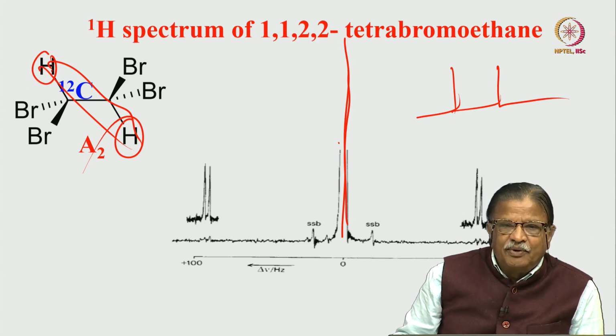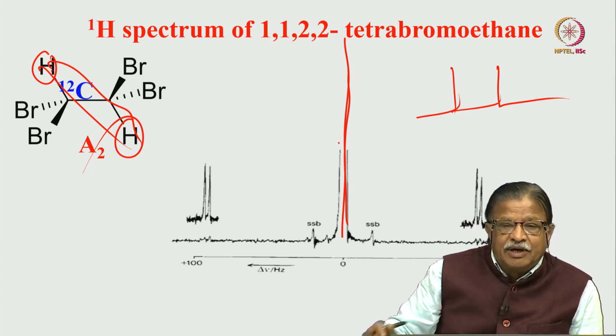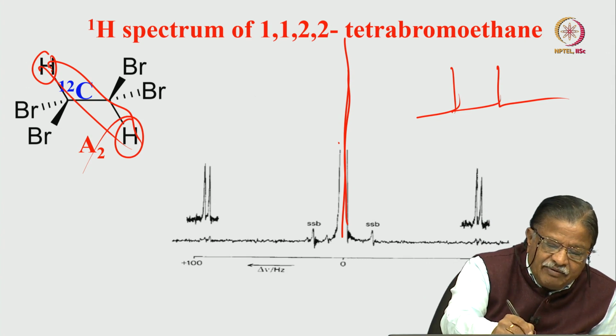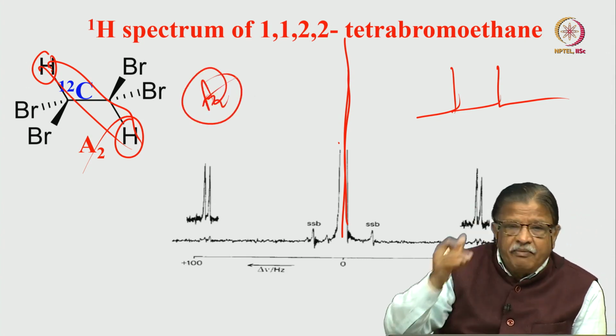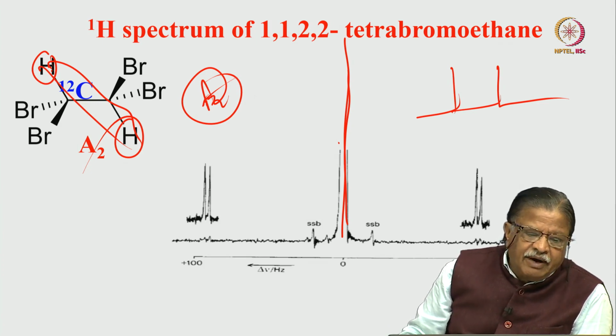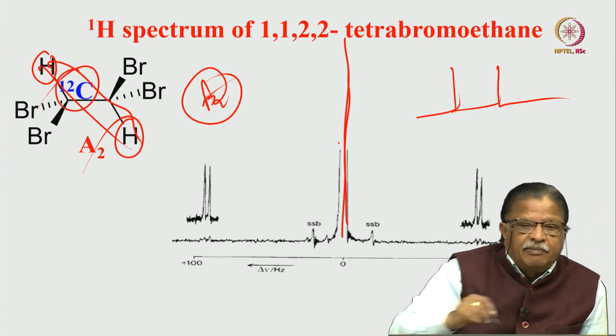This is what we do: we break the symmetry of the molecule. Remember, when I was explaining Pople nomenclature, these 2 are chemically equivalent, and we call it an A2 spin system. What I will do is, this is A2 when I look only at carbon 12.